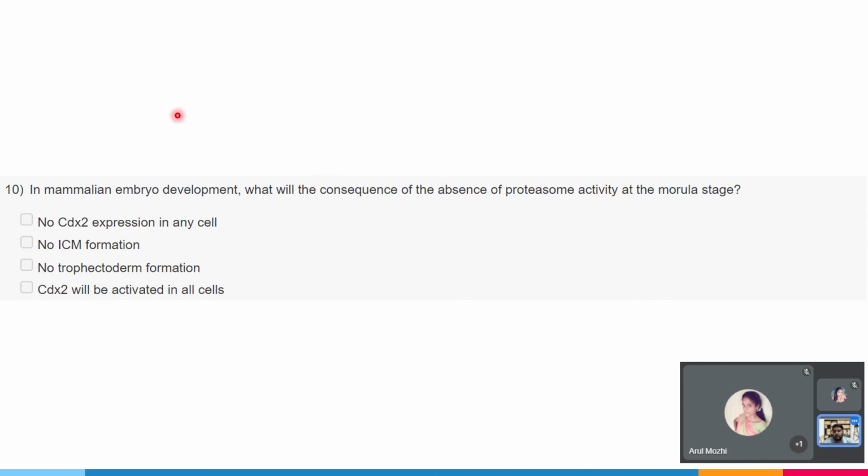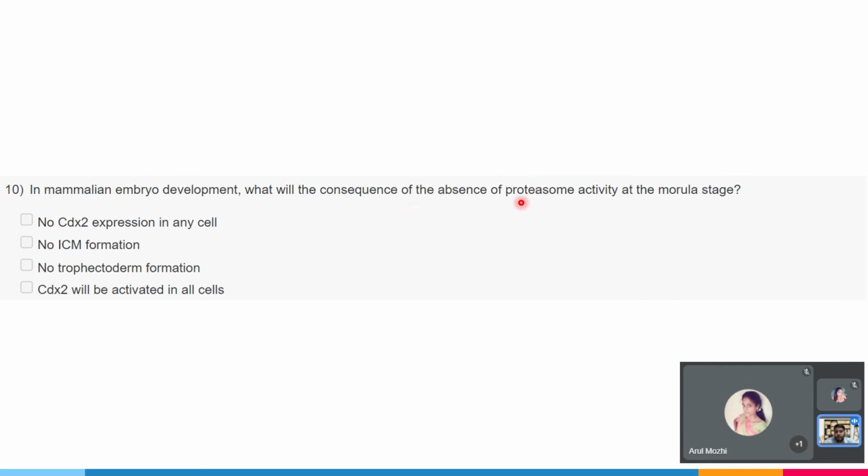And this is the next question, which is a continuation of the previous one. In mammalian embryo development, what will be the consequence of the absence of proteasome activity at the morula stage? So proteasome, for context, is the organelle that is responsible for degrading of proteins. That is something that we have to keep in mind.